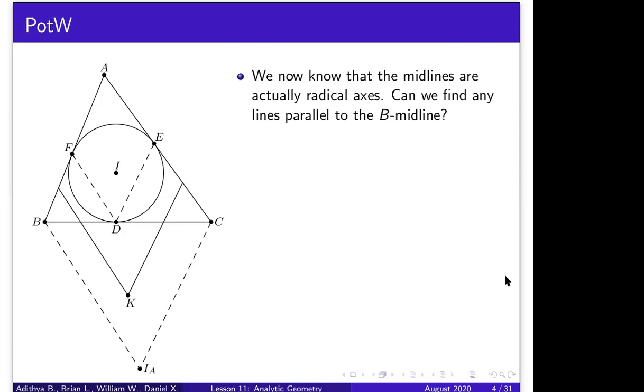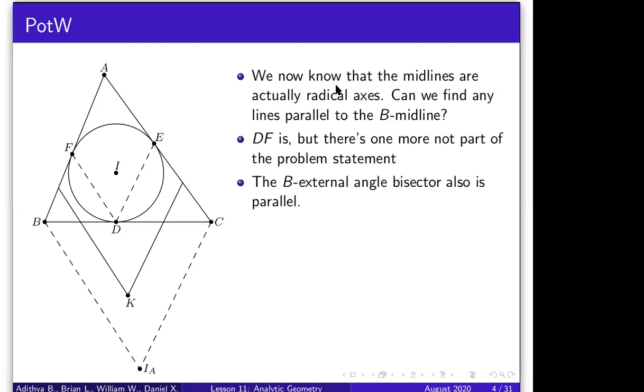Yep, the external angle bisector is parallel to the midline. And one way to see this is that since BFD is isosceles, the midline is perpendicular to the angle bisector of angle ABC.